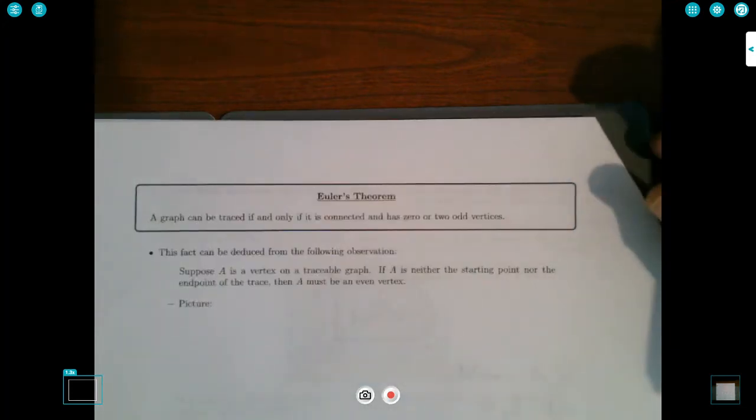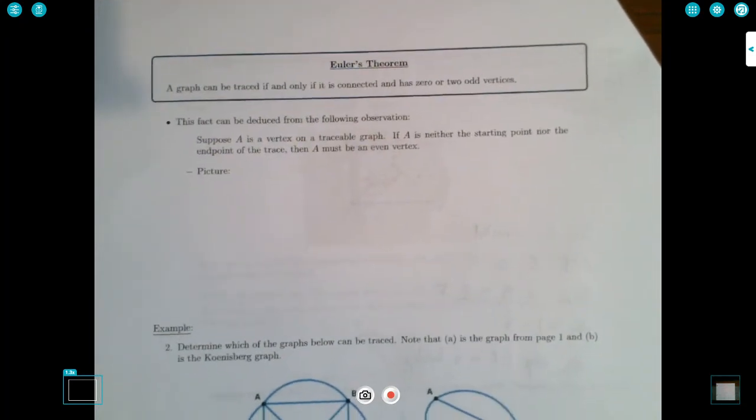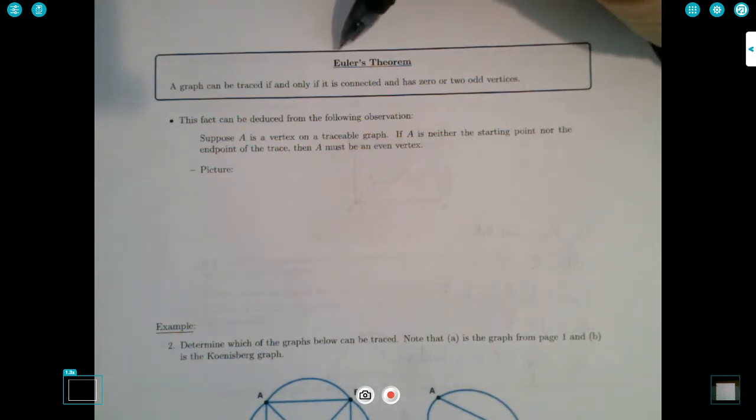So now let's talk about how to decide if a graph is traceable. The result that tells us whether or not a graph is traceable is called Euler's theorem. You look at that name and you think there's no way that's pronounced Euler, but it's not English.